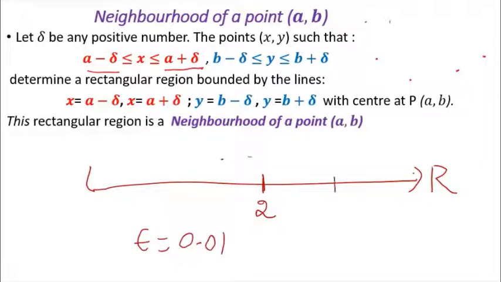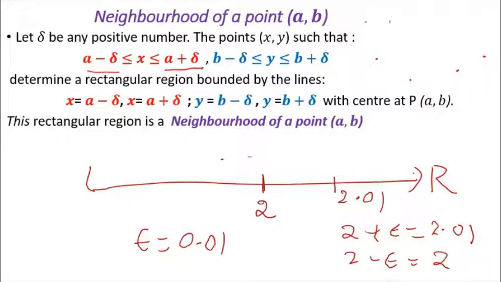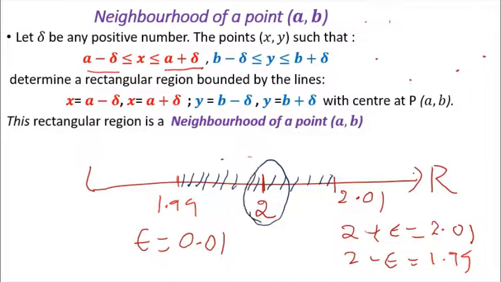So I'll get here 2 plus epsilon, which is 2.01, and 2 minus epsilon, which is 1.99. So all those real numbers which lie between 1.99 and 2.01 come under the neighborhood of 2 with radius epsilon equal to 0.01.